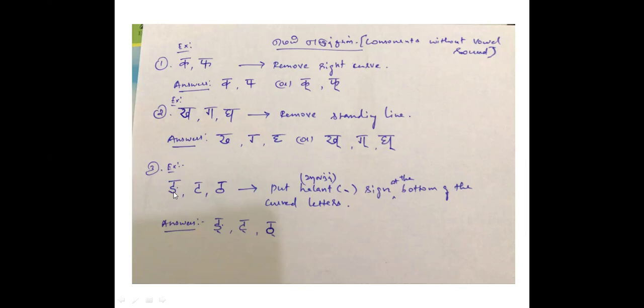These are curved letters, no? You have to put halant below these curved letters. Now those letters are pronounced as it.